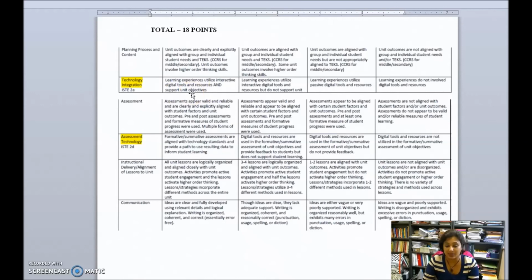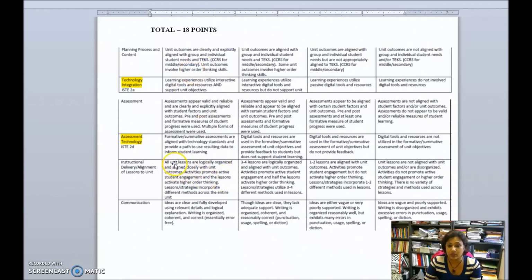Plickers is related to technology. It is a technology assessment. However, it does not involve interactive digital tools because it is more of the teacher doing it. If you are showing a video, that is a passive use of technology, not an active use or interactive use of technology. So be careful about those things.